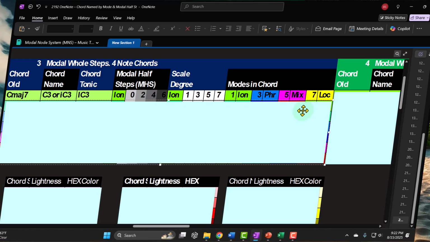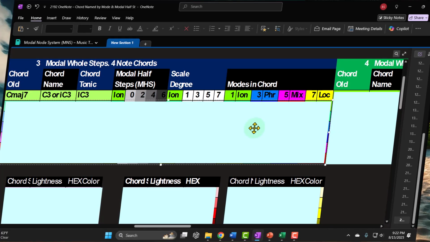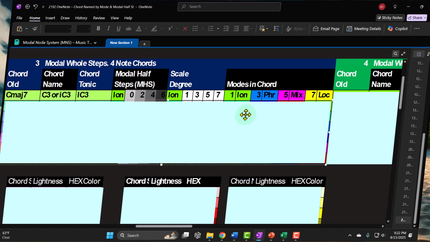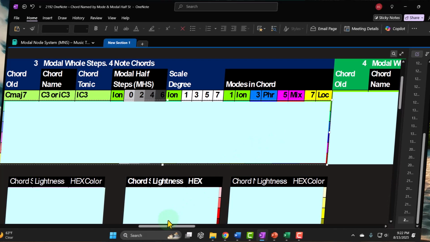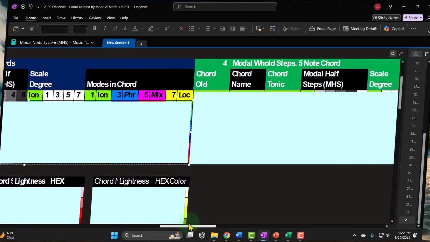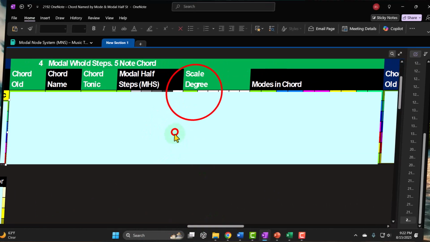So a 4-note Ionian chord is Ionian, Phrygian, Mixolydian, Locrian, or the 1, 3, 5, 7 nodes from a permanent nodal or Nashville number node system.